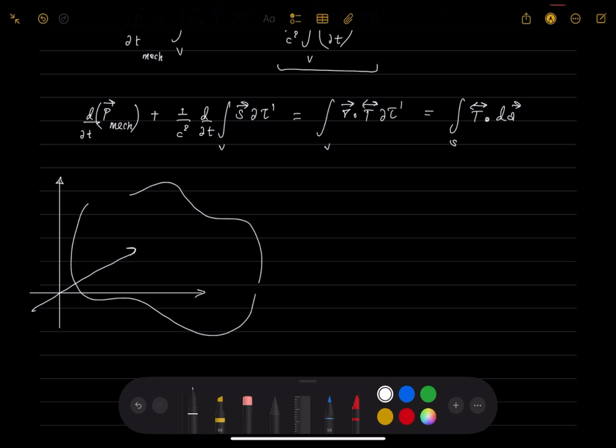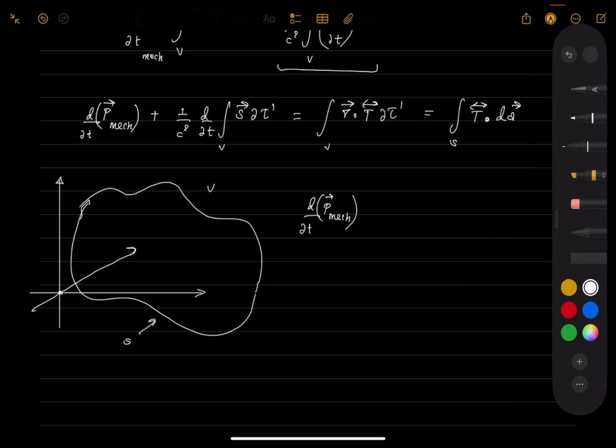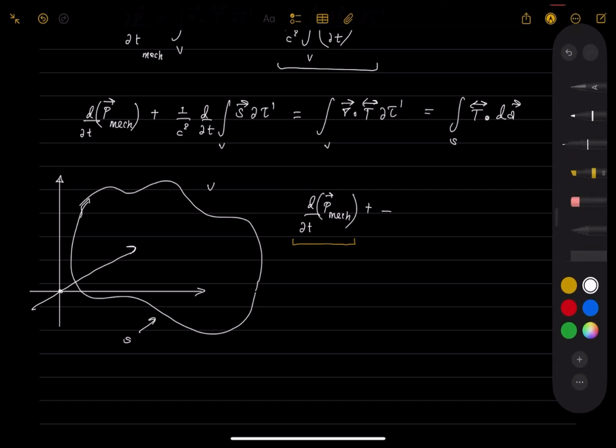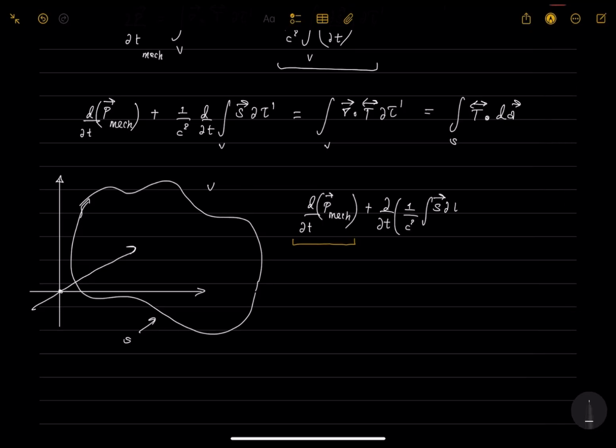There's a volume V in space, bound by a surface S. And what we're saying is that the total time derivative of the mechanical momentum of all of the charges and currents, plus the time derivative of this particular thing, the time derivative of 1 over c squared times the volume integral of the Poynting vector, we don't know what this is yet, right?